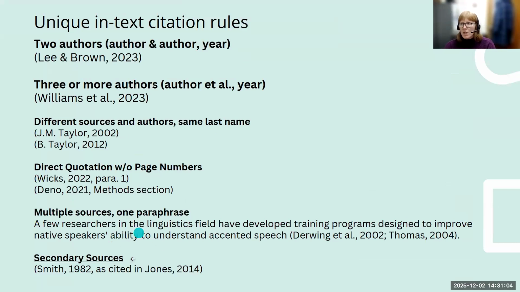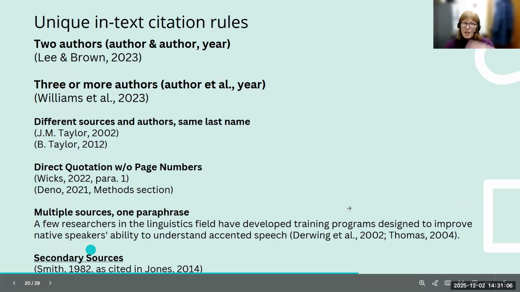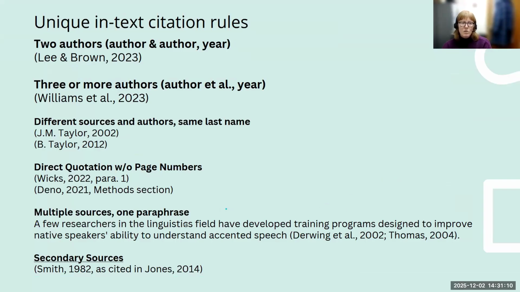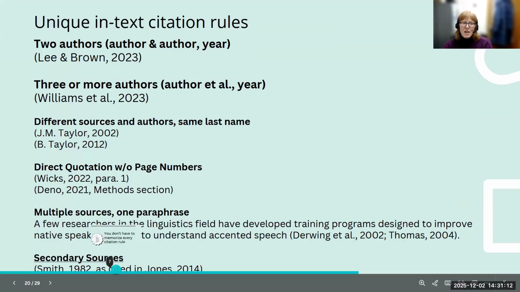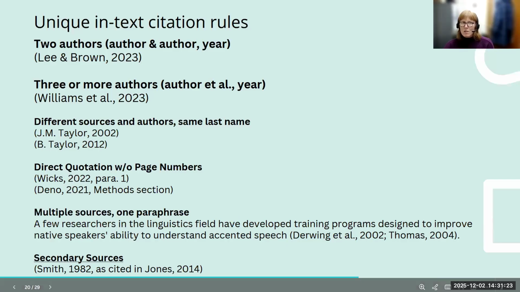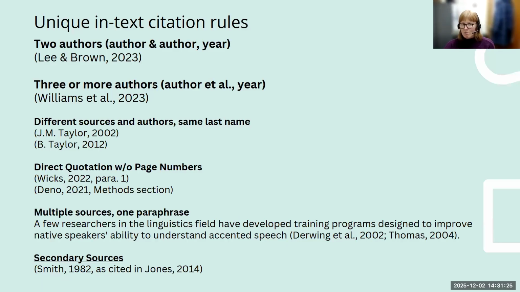So if anyone does want me to click on that, I can show you exactly what I mean by that. But for a source that's cited in another source, you would need to mention that it is "as cited in," and then the source that you are using and the original source that's being cited. Okay, it's a bit confusing, but I added it because there have been questions about it. Okay.